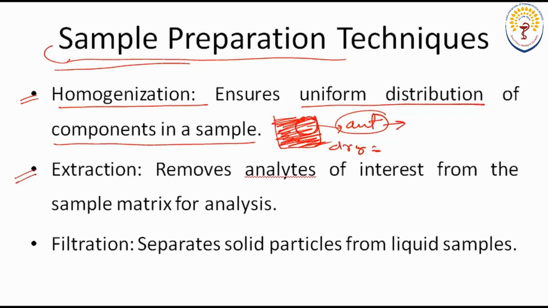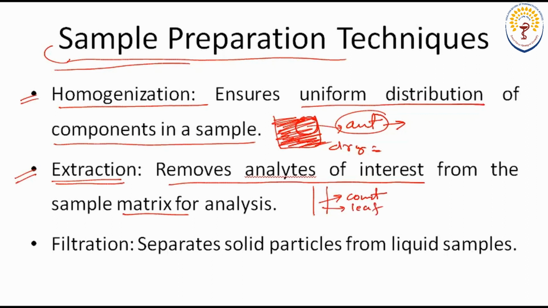Now the second process is extraction. Sometimes we remove the analyte of interest from the matrix. For example, we want to test what the chemical constituents are in a plant, say in a leaf of that plant. You don't take the leaf itself, you take the extract from the leaf by performing some extraction procedures, and then you analyze it. What is the benefit of this process?